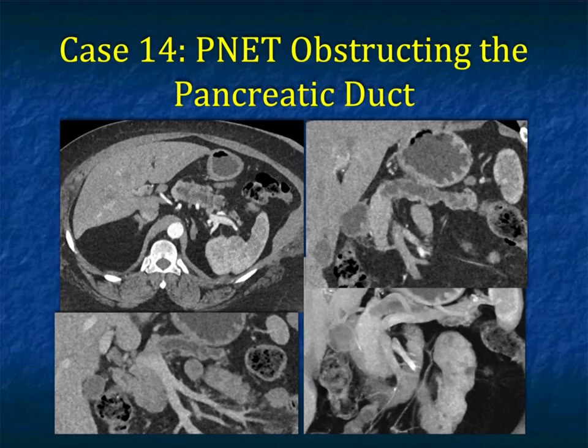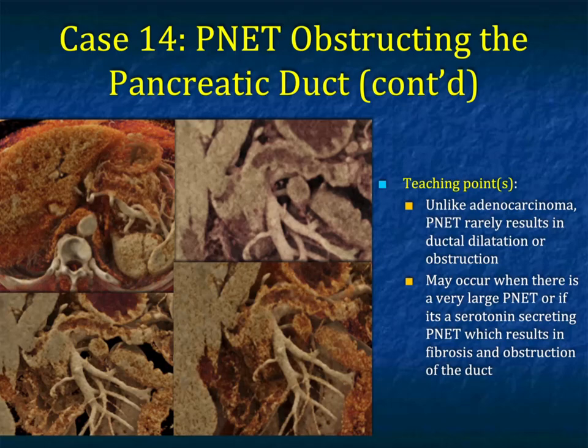Now, with neuroendocrine tumors, if they arise in the pancreatic duct region or in the duct proper, many of these will secrete serotonin, they cause a stricture, and that's why you have the dilated pancreatic duct. But just a potential pitfall and a good example of showing you the overlap between neuroendocrine tumors and adenocarcinoma. Here's that same case using cinematic rendering.